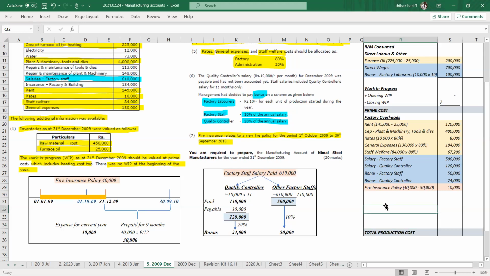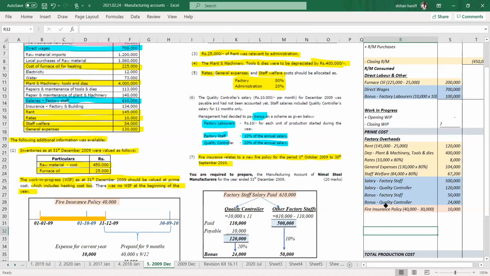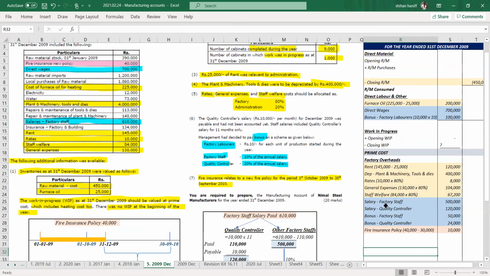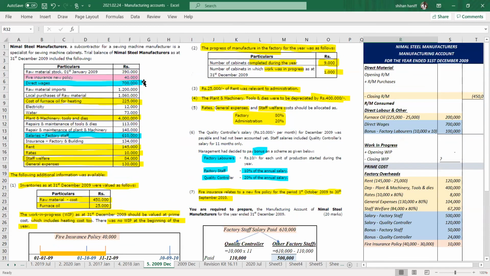Right? So that covers the additional information. Then we have to record the remaining balances from the trial balance. Raw material stock 1st of April 390,000.